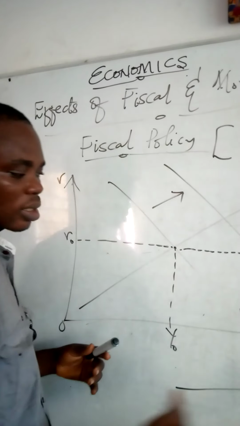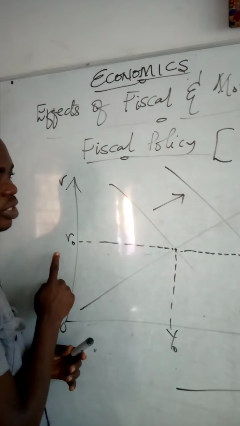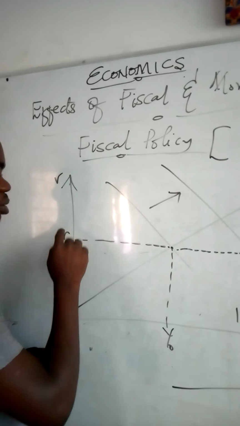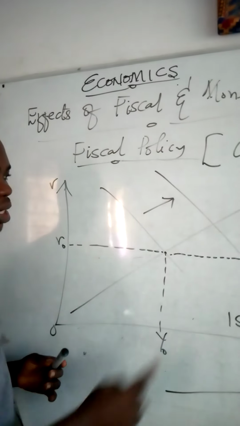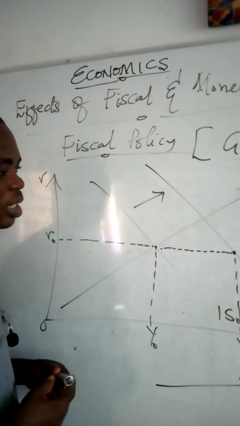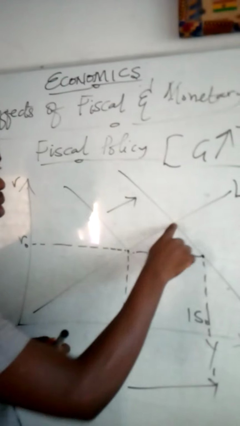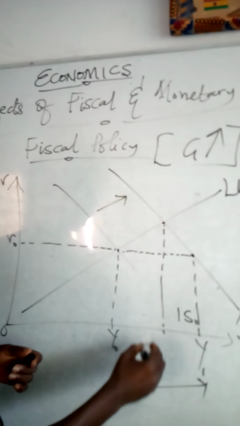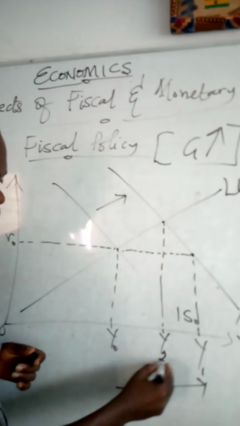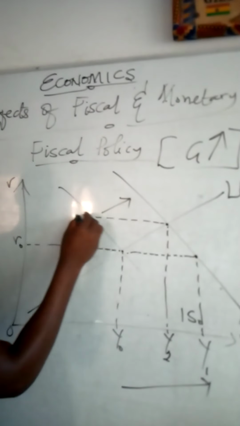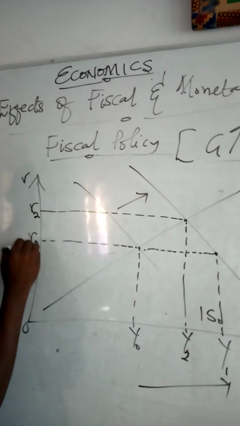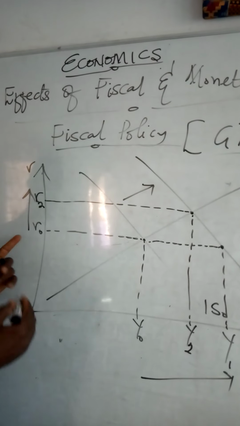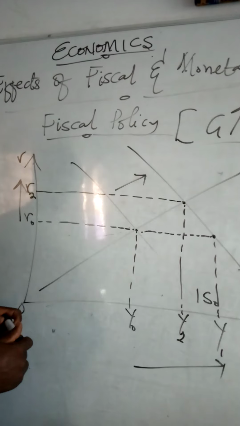There will be an increased demand for loans, which will make the interest rate rise. The effect of the rise in interest rate has to bring back the equilibrium as far as the government spending has increased. So the new equilibrium will be at this place, and here will be our new output. When we trace it, we have the interest rate here, which is R2. The interest rate has increased as a result of high demand for loanable funds.